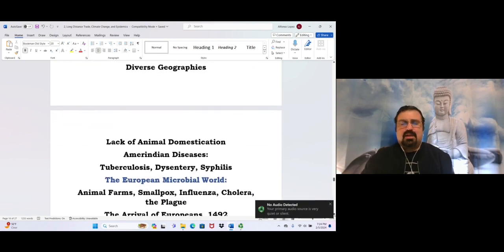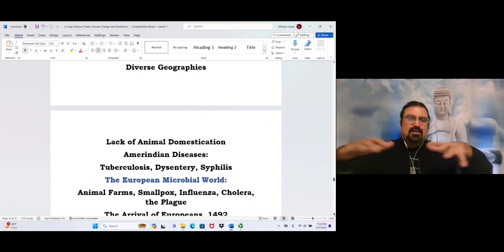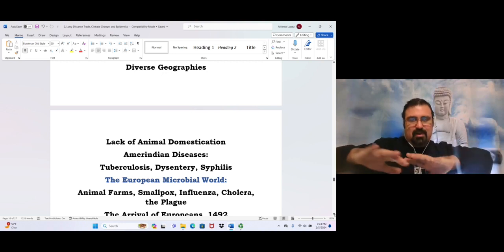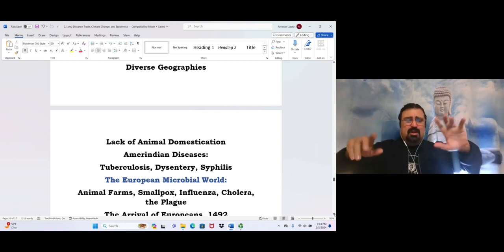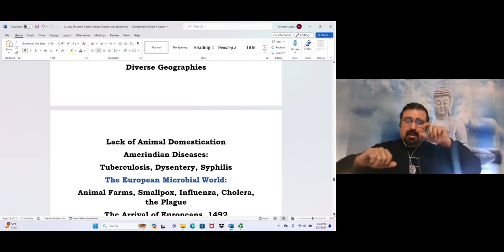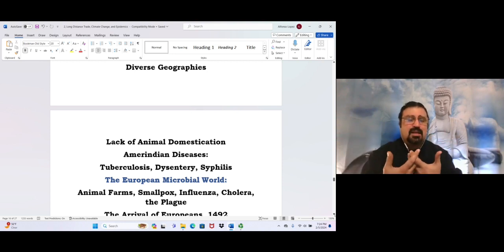We also have, at the same time, diverse geographies. What that means is that there are very different types of topographies and ecological systems. Particularly, there are lowlands and there are highlands. Why this is important is because in the lowlands, we're going to see the more hot and humid environments that will become ripe for the spread of disease.